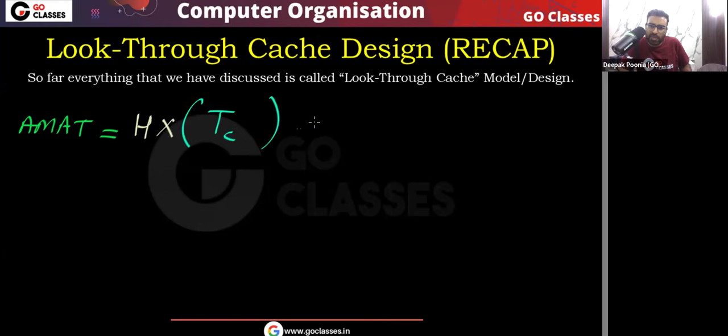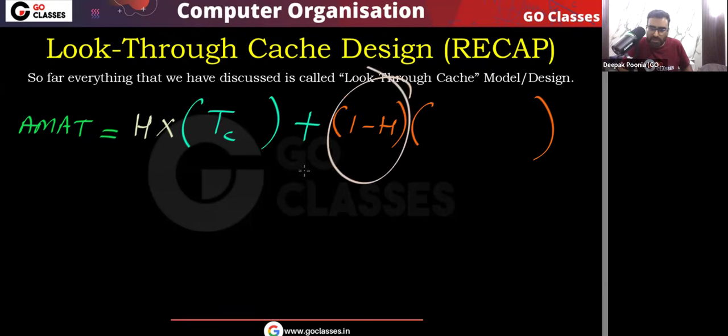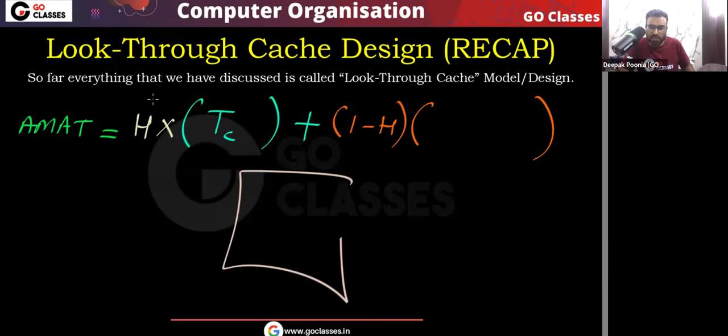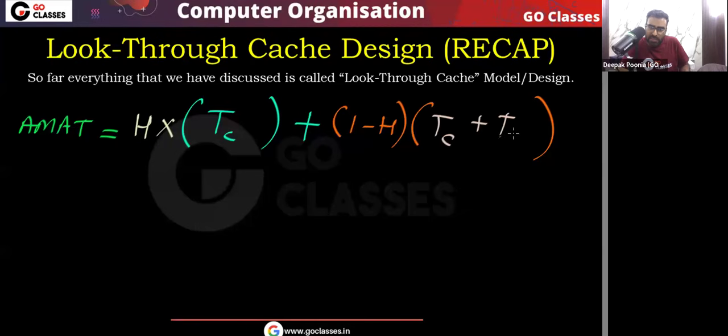That will be cache memory access time. And when there is a miss, meaning when the data is not available in the cache memory, then what is the total access time seen by the CPU? Remember, if the data is not available in the cache memory, then also first we will look up in the cache memory. Yes or no? So I can say that it is cache memory access time plus main memory access time.